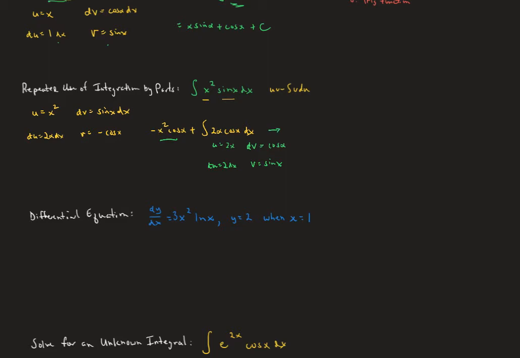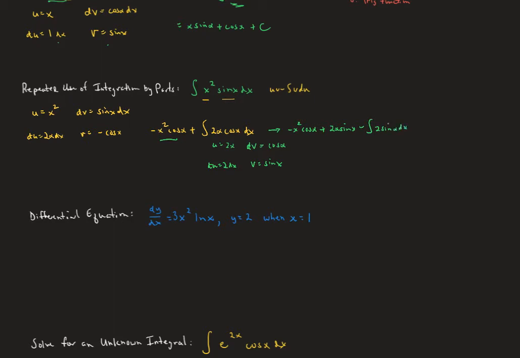So we've got the negative x squared cosine x that we got originally, and then we're going to get a plus, with the new uv being 2x sine x, and then minus the integral of v du, which is now 2 sine x.